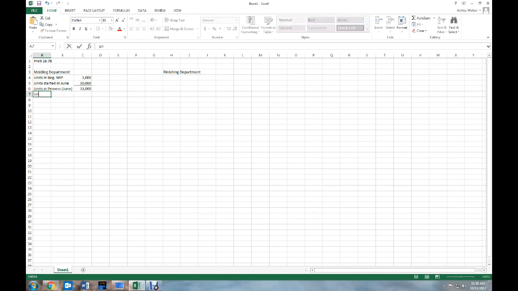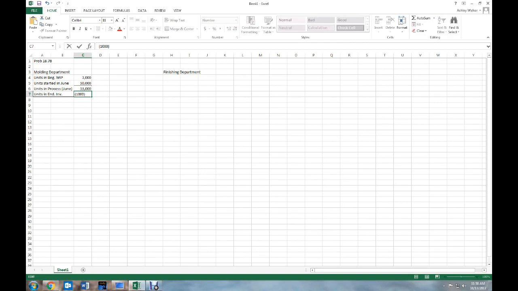Whatever was left over in our ending inventory in work in process, if we go look, units in ending inventories as of June 30th, right under our units started during June, we had 1,000 that were in ending inventory. So that has to be the difference. Let's underline it and put parentheses around this so we know we're subtracting.